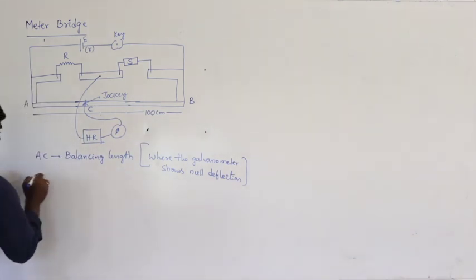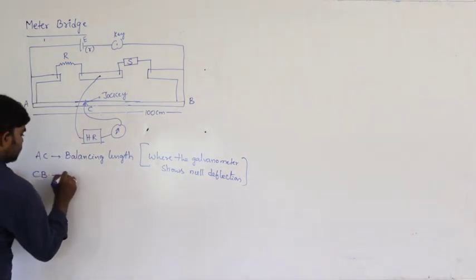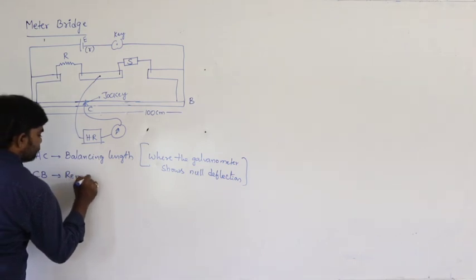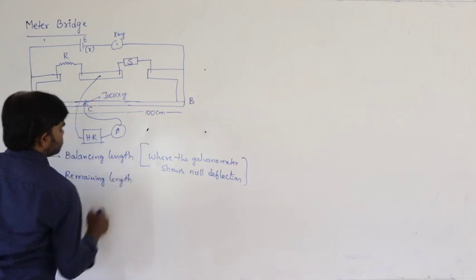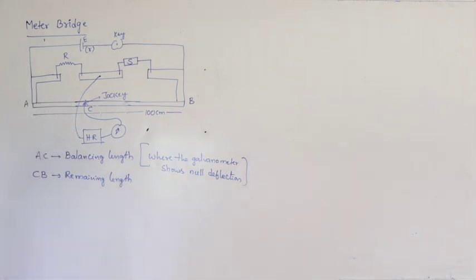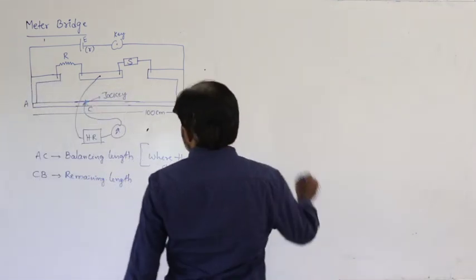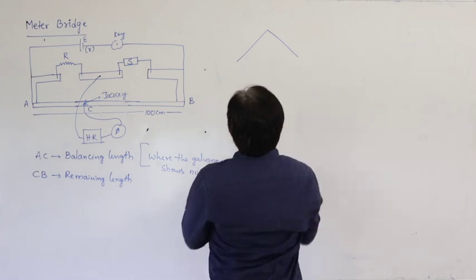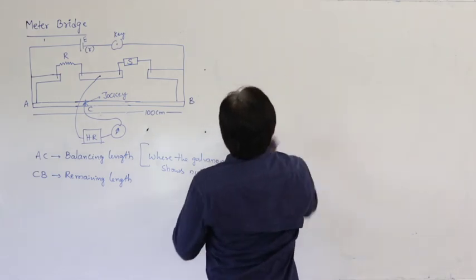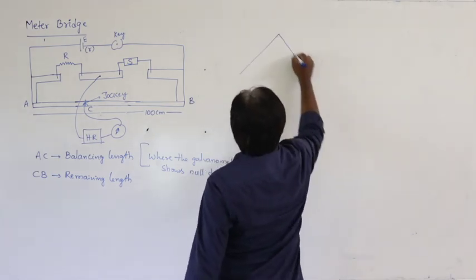So next, CB is the remaining length. So this is the situation of Wheatstone's bridge. See here, that is the same as that of the Wheatstone's bridge.